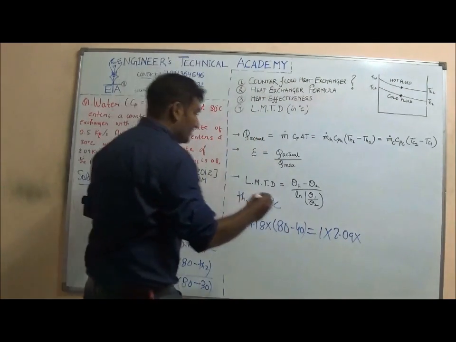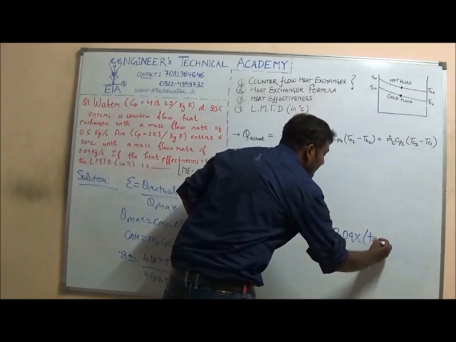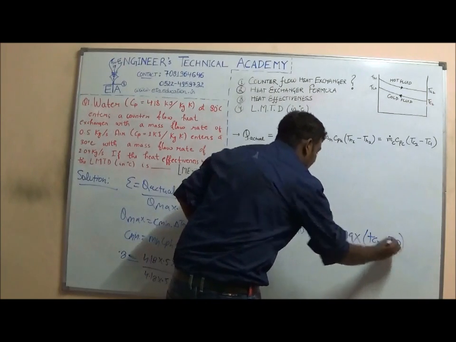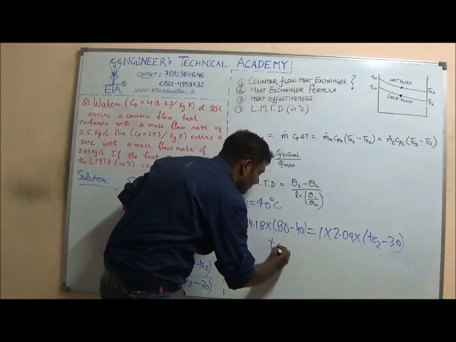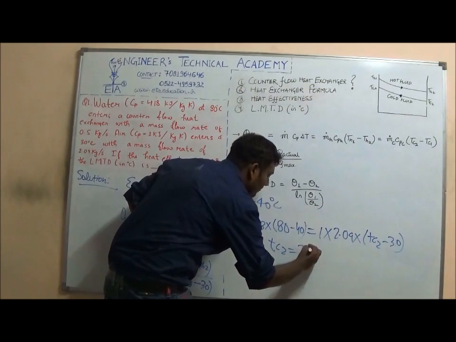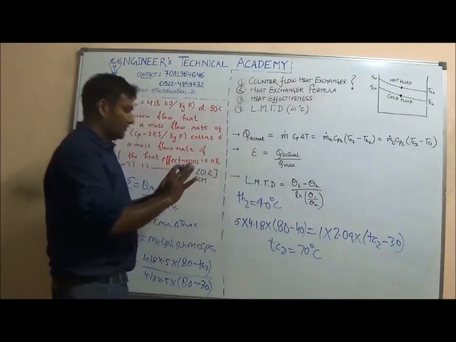Tc2 we have to find out. Tc1 is given as 30 degrees Celsius. By solving this equation, Tc2 comes out to be 70 degrees Celsius. Now half of our question is solved.